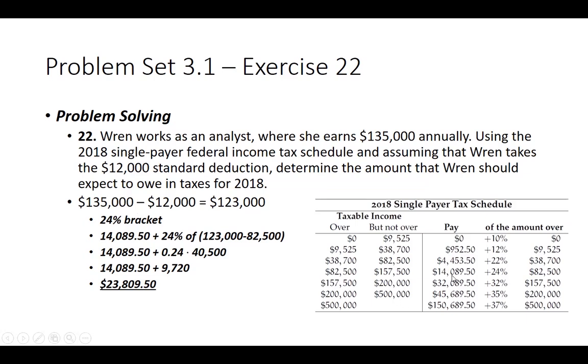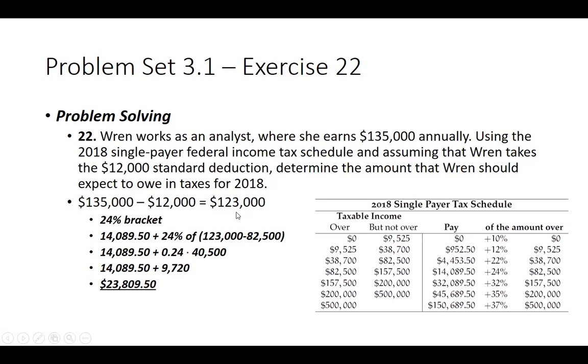Well, before we can figure out where this is in the income tax schedule, we need to find the taxable amount, which means we need to subtract the standard deduction from the total income.